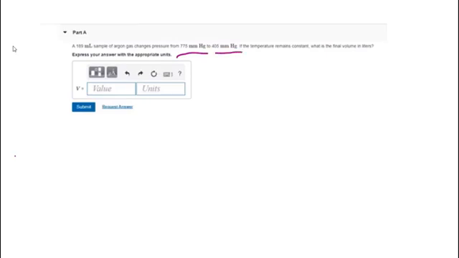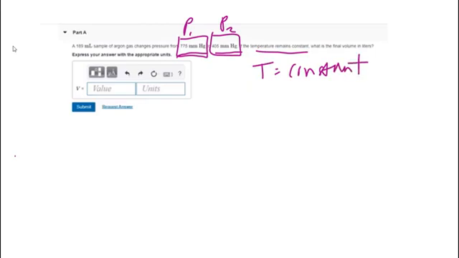So I'm changing pressure from pressure 1, which is what it tells me here, to, when it says that, that implies that that's my second pressure. If the temperature remains constant, so T is constant, I don't need to worry about any changing for temperature. What is the final volume? Okay, so that means final volume, V2 is question mark.